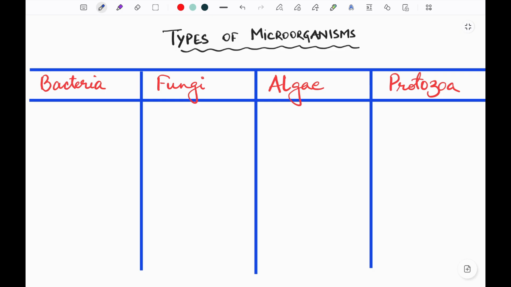Bacteria are tiny single-celled organisms found almost everywhere. The examples of bacteria are E. coli. E. coli is found in our gut, and lactobacillus, which helps in the formation of curd. The next category is fungi.